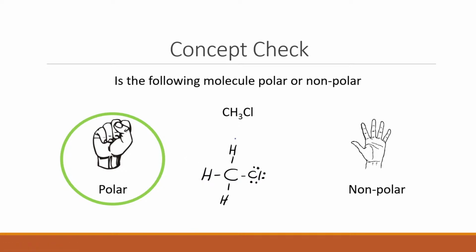You cannot draw this line of symmetry. This line of symmetry is not a line of symmetry, because if I try to look at this half and compare it to this half, they're not the same. This half of an H is equal to this half of an H, so that's good. This half of a C is equal to this half of a C, that's good. This half of an H is equal to this half of an H, that's good. But then when we go to fold this chlorine onto this hydrogen, these are not the same.